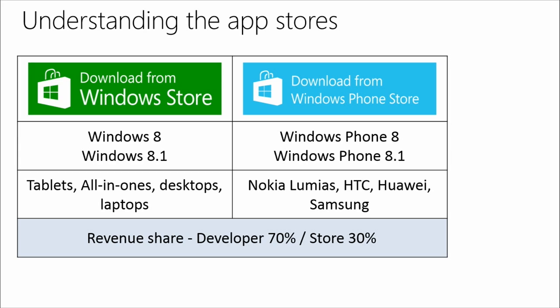It also delves into the tablets, all-in-ones, desktops, laptops that are running Windows 8 and Windows 8.1. Okay, so we've got a pretty broad spectrum there then, right? Yeah, pretty much any PC or tablet running Windows 8 and above. Yes, really, anything from... That's what the Windows Store is, that's how you're going to get your apps onto those platforms.